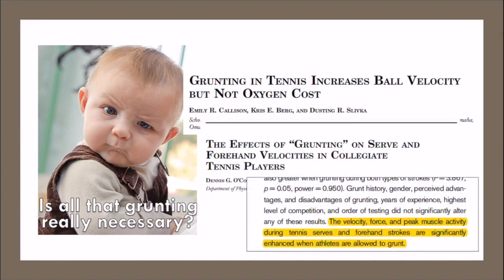In fact, if we go to the conclusion of this study, the velocity, force, and peak muscle activity during tennis serves and forehand strokes are significantly enhanced when athletes are allowed to grunt. The combination of breath support and functional movement. So what's going on here?